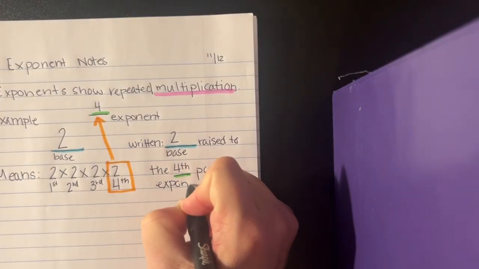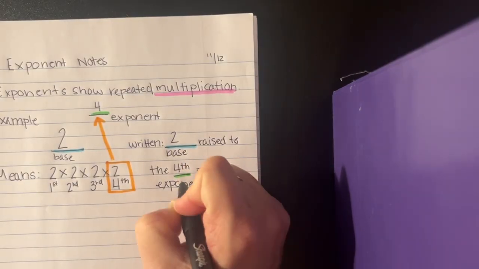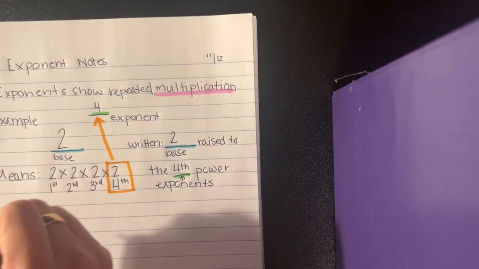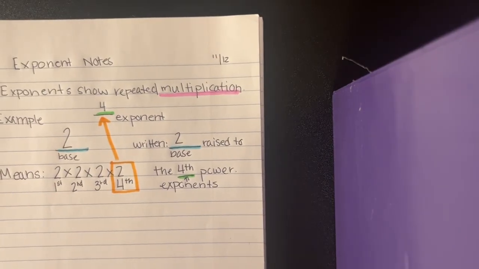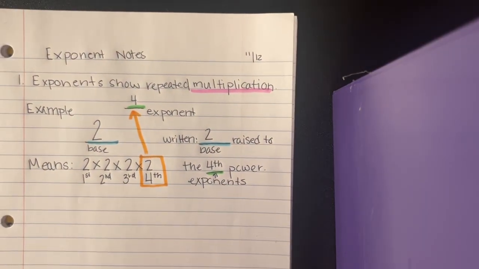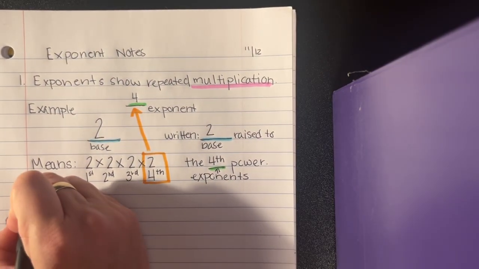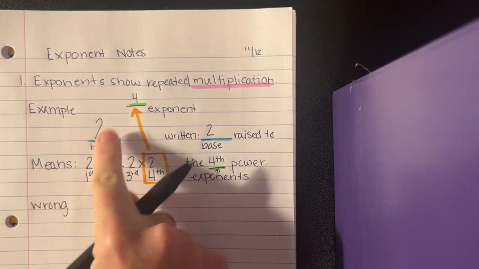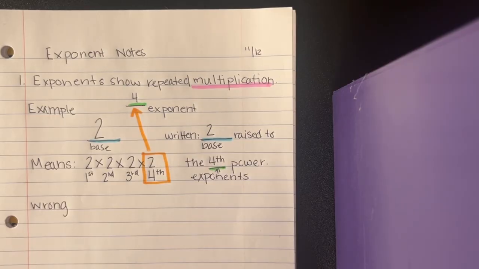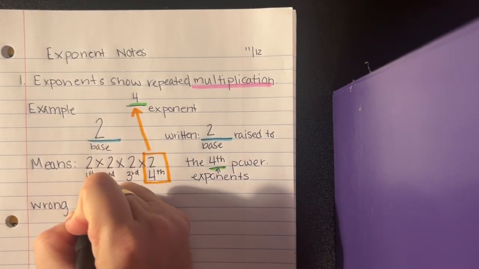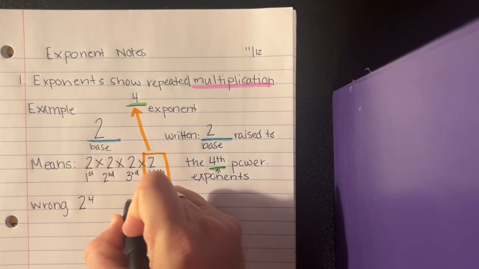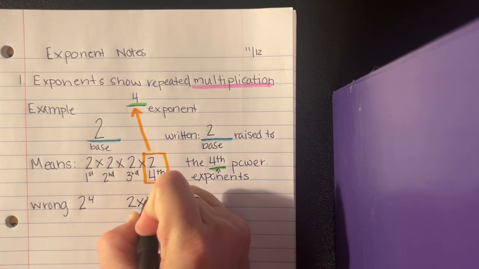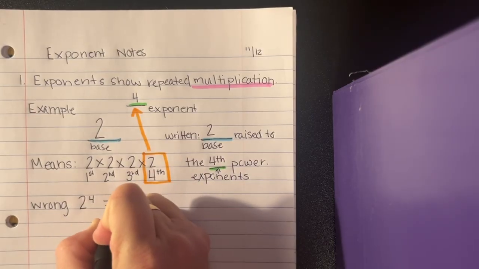A lot of students get this confused. And so I'm going to show you the wrong way to write this and then the correct way to write this. So some students see 2 to the 4th power, and they like to write 2 to the 4th power as 2 times 4. But that is wrong.